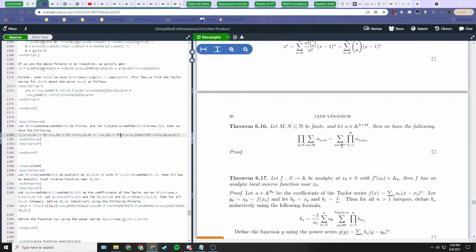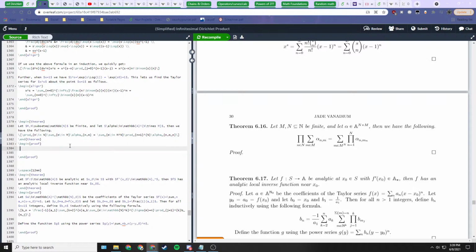Actually, this shouldn't be m to the power little n. This should be m to the power big N. Yes, so we're going to prove this little theorem here about the distributive law.